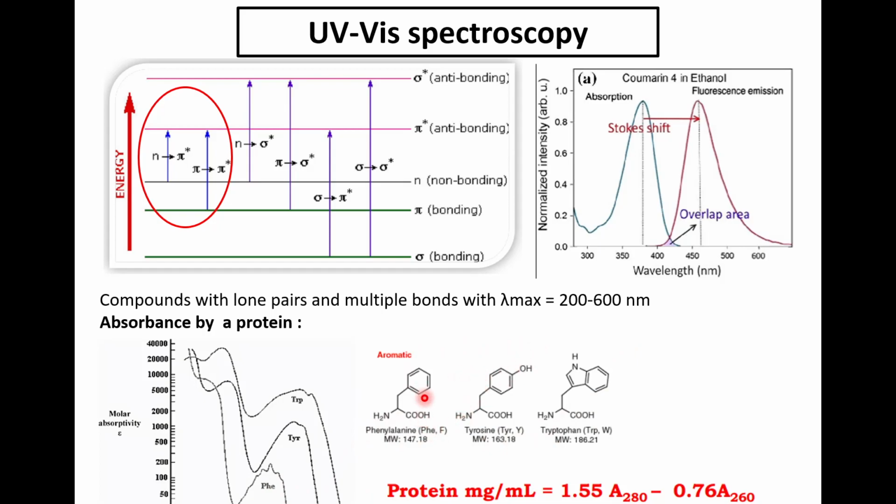One is phenylalanine, one is tyrosine, another one is tryptophan. Okay, and they mostly absorb at around 280 nanometer wavelength. For phenylalanine it is 256, tyrosine it is around 270, and tryptophan absorbs more in this 280 nanometer region.